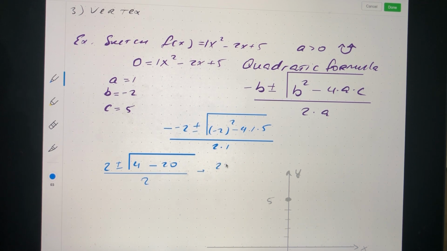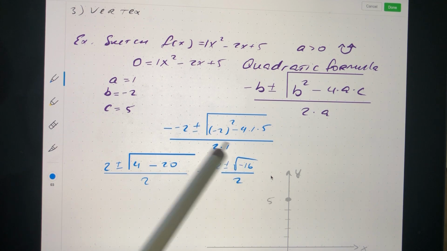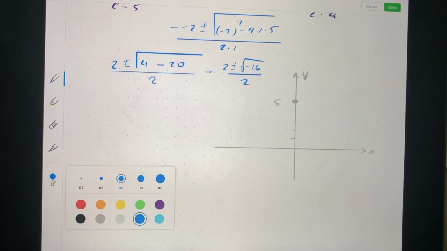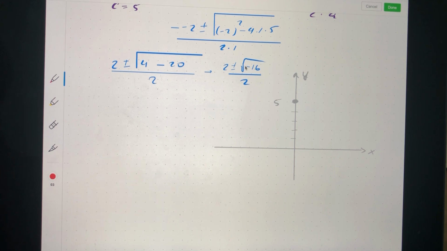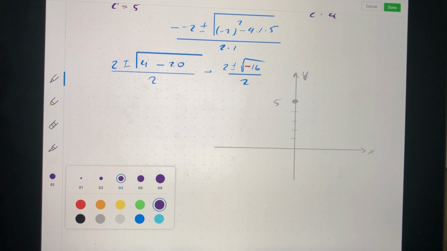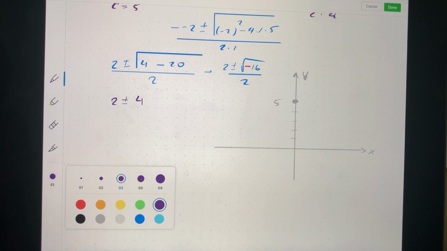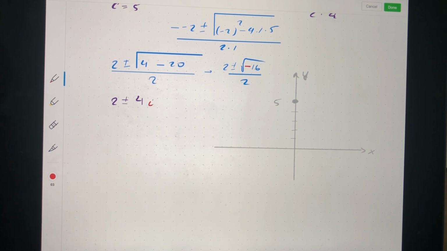So that's 2 plus or minus the square root of 4 minus 20, which is negative 16. Once we see that we have a negative under the square root, that also confirms that we are going to get imaginary answers. Each time we have a negative under the square root, that turns into the i, or imaginary. So we have 2 plus or minus the square root of 16, which is 4, but then there is an i outside of it, and then both numbers are divided by 2.